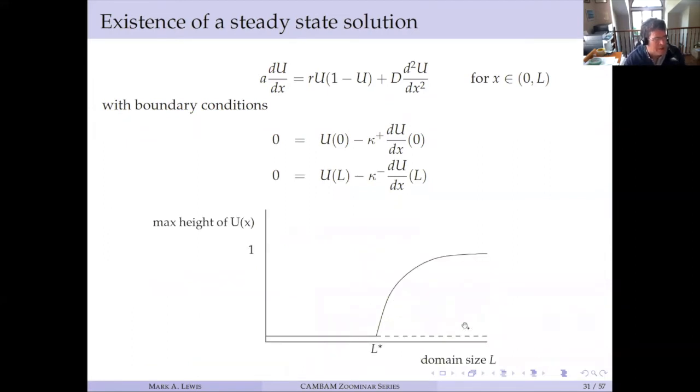So when we have L below L star, there's just a trivial solution. And when L exceeds L star, then we have a non-trivial solution. We can think about this as a transcritical bifurcation, where we're tracking the maximum height of this steady state solution.